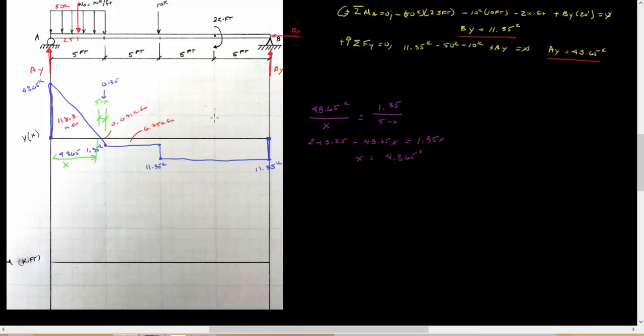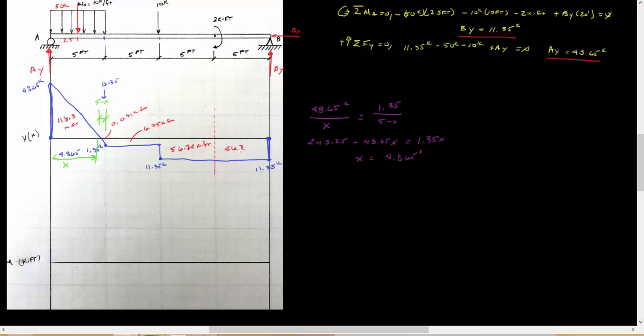Now I'm going to break this piece up. You could do this whole triangle or this whole rectangle if you want, but I'm going to break it up because I have this couple here that I'm going to have to take into account when I'm drawing my moment diagram. So I get 11.35 times 5 feet comes out to be 56.75 kip feet.